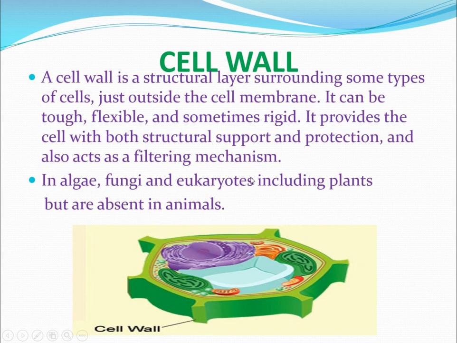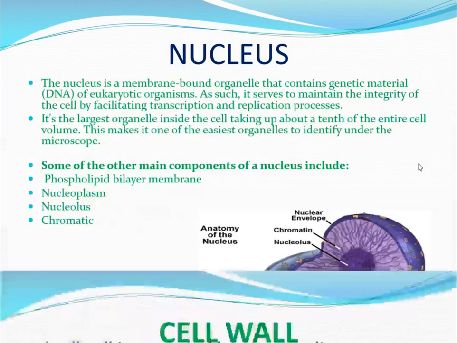So algae, fungi and plants all have cell walls, except animals. The cell wall is absent in animals. I think you are able to understand the detailed discussion about the cell wall. So let's move to the next part of the cell.